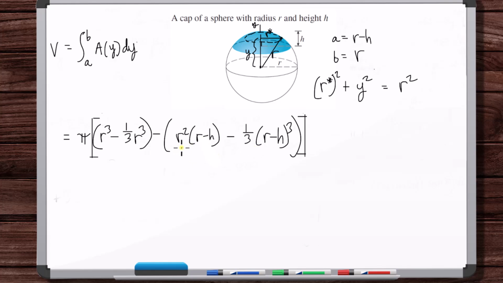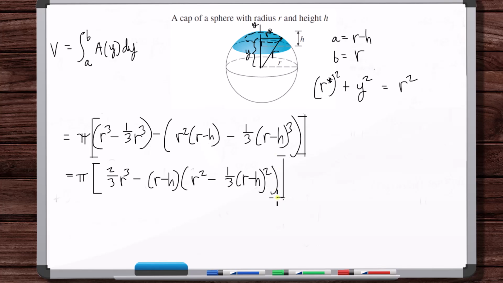Okay, now we just need to simplify this. So we've got 1 r cubed minus 1/3 r cubed, which is 2/3 r cubed. And then here, let's factor out an r minus h. And so what we've got is r squared minus 1/3 r minus h squared. And actually, to make this a little easier to work with, let's take out a 1/3.